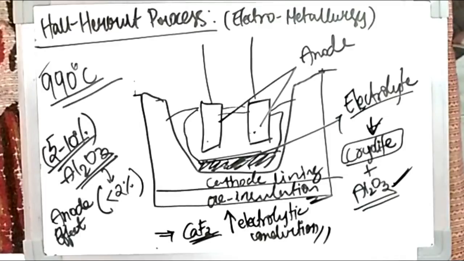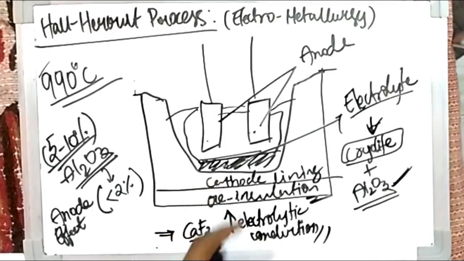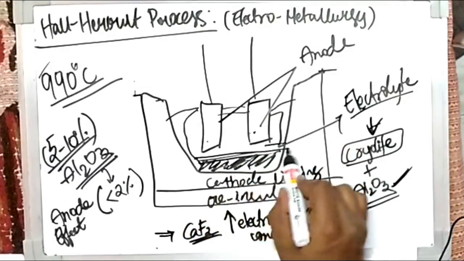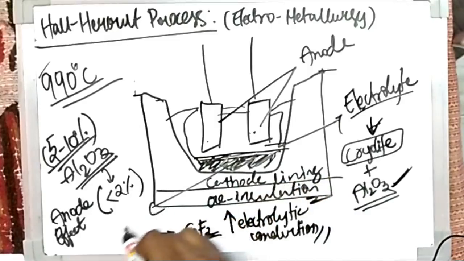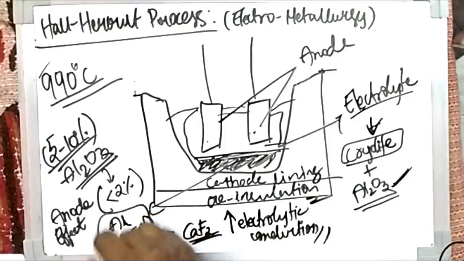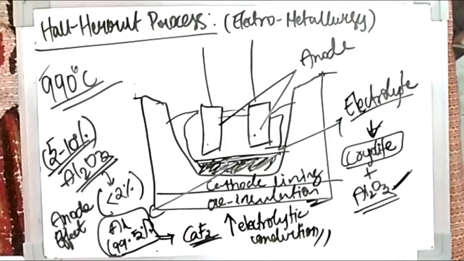Okay, so this is the Hall-Héroult process, and from this we get metallic aluminium. At the bottom, metallic aluminium is formed with a purity of 99.5 percent.